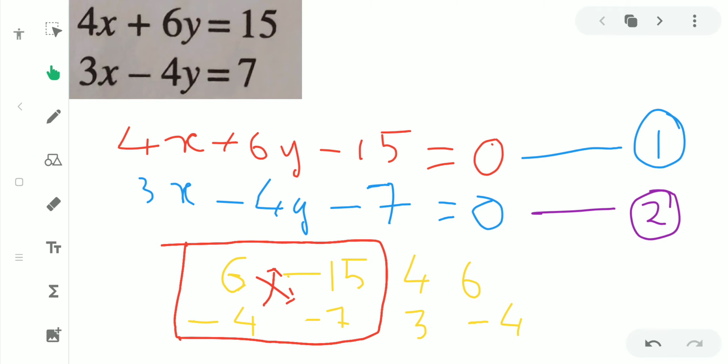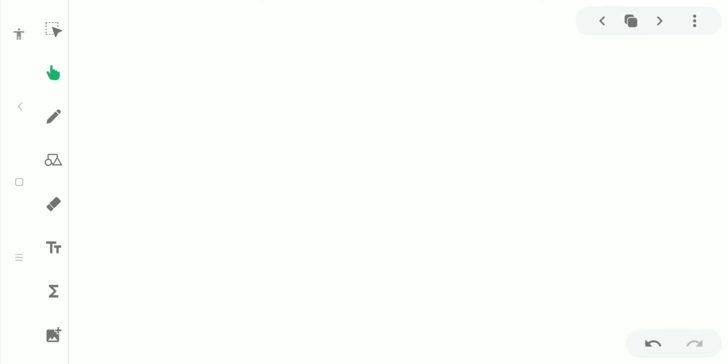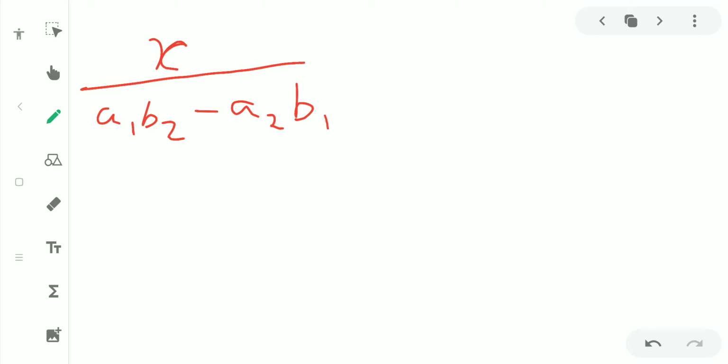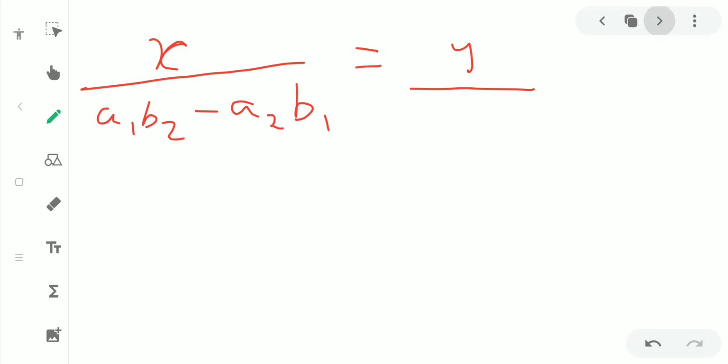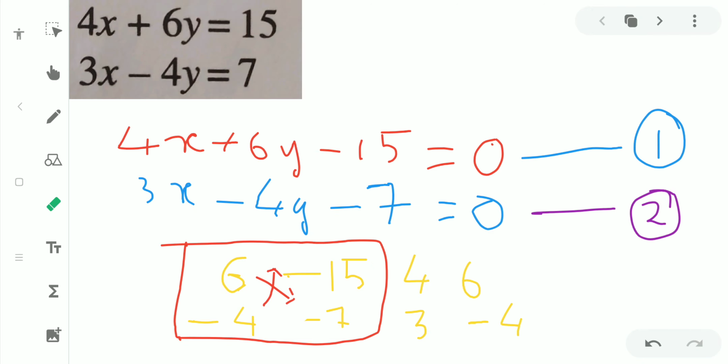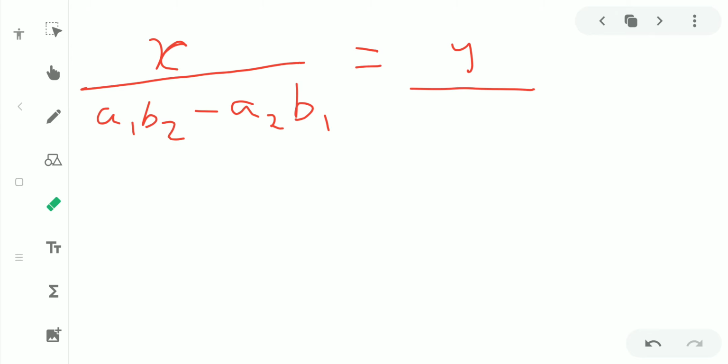In order to solve x and y, we have derived a formula in the previous video, that is x by a1 into b2 minus a2 into b1, which is equal to y by c2 into a1 minus c1 into a2.